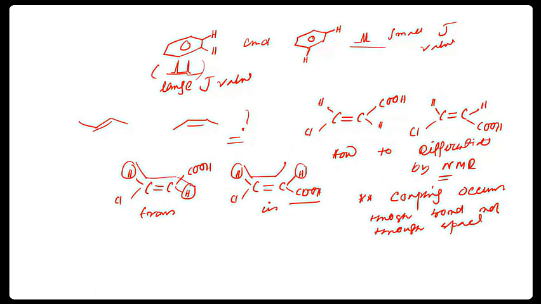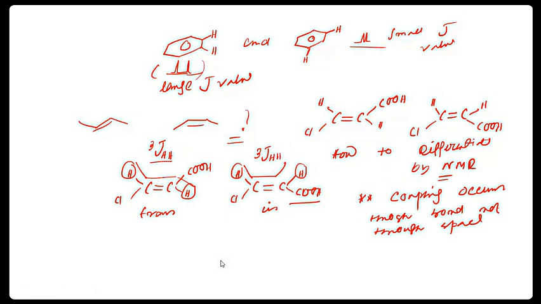Now the question. See, 1, 2, 3 bonds. It is called 3J coupling HH. We designate this 3-bond coupling between two protons as 3JHH. So it has been given the coupling value 3JHH.